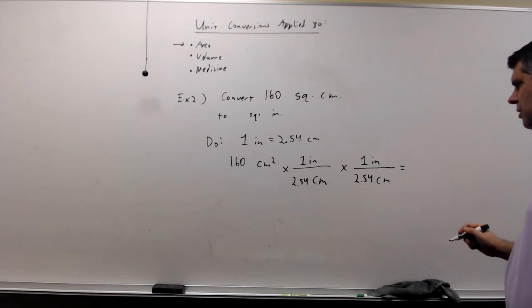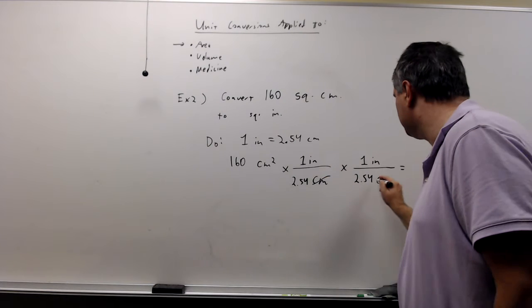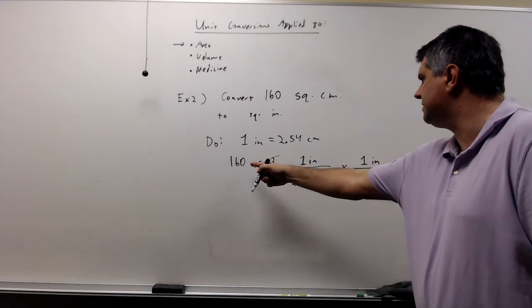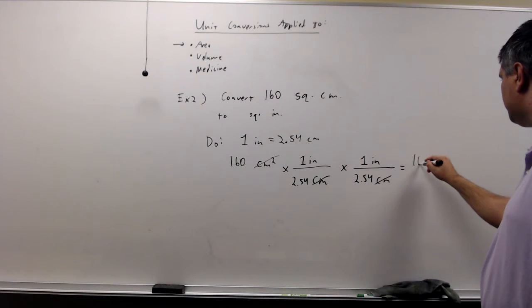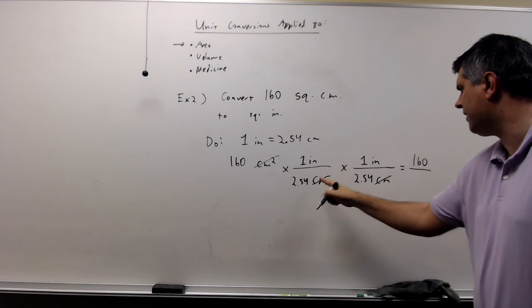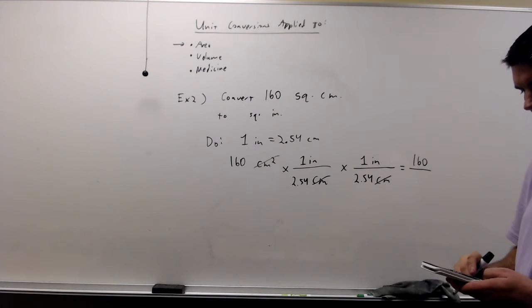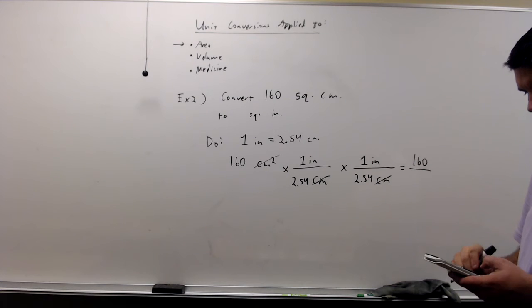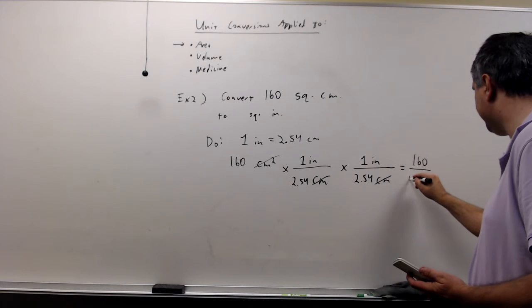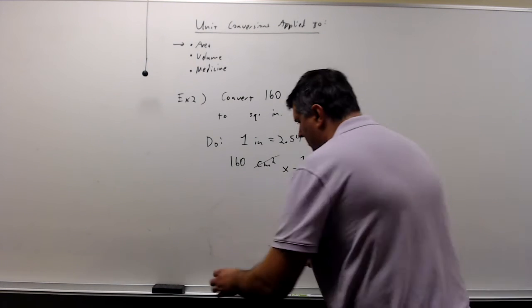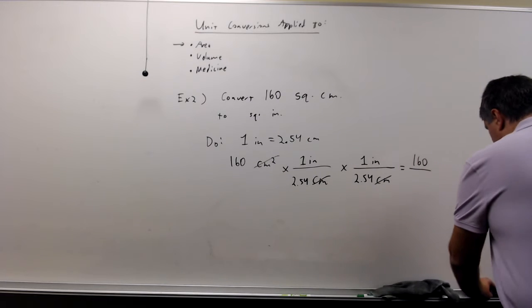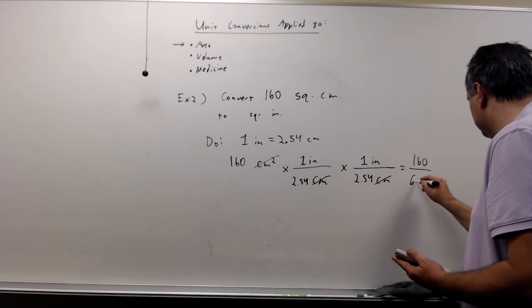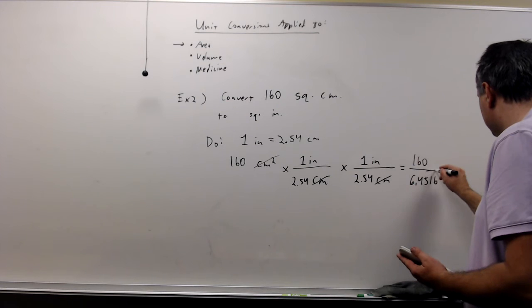Okay, so my centimeters cancel. 160 times 1 times 1 is 160, over 2.54 times 2.54, which is 6.4516.